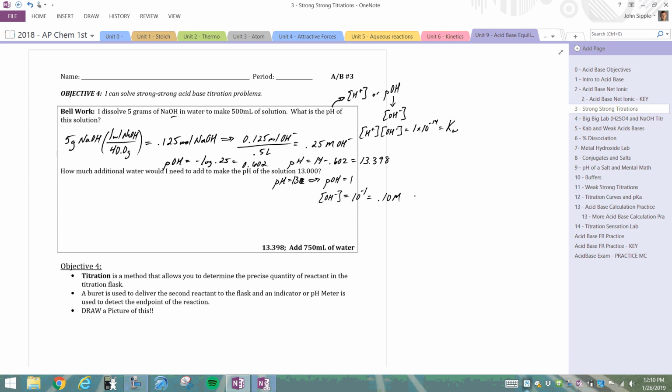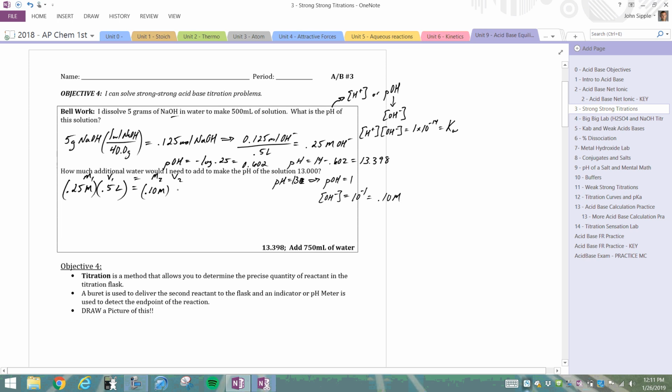So essentially what we have right now is a 0.25 molar solution, and it's 500 milliliters. Okay, and we're adding water here. So guess what equation I'm using here? M1V1 equals M2V2, the dilution formula, because we're diluting, we're adding more water here. And our new molarity has got to be 0.10 molar.